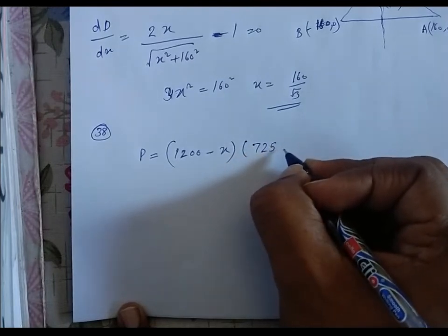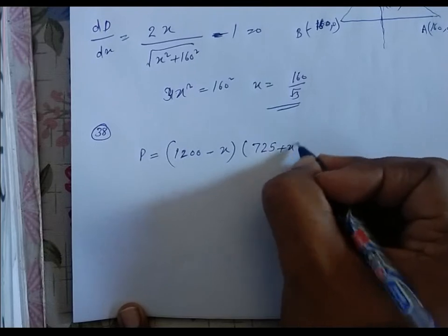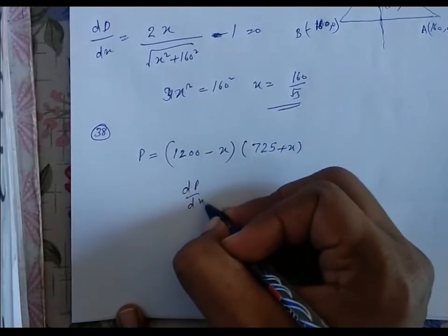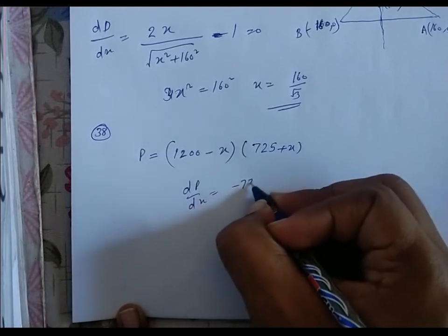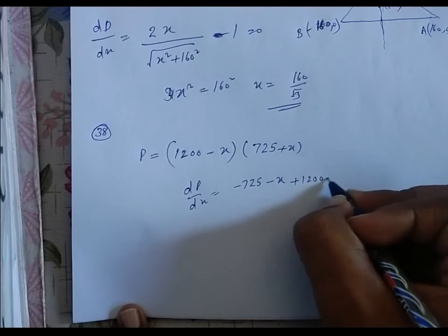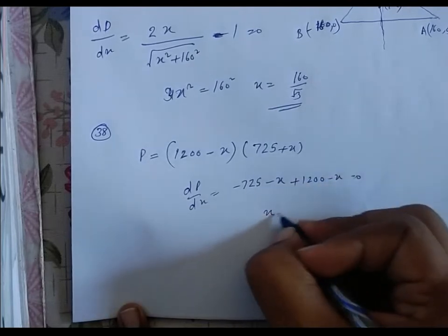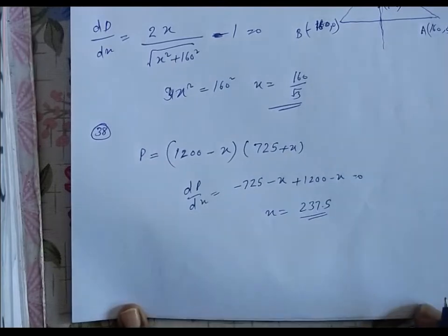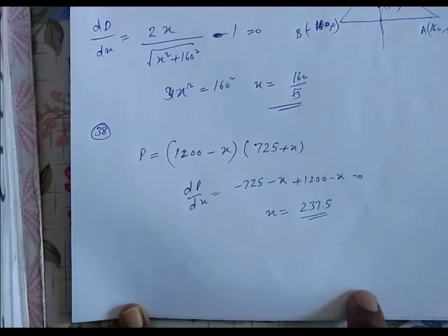So now calculate dP by dx: minus 725 minus X plus 1200 minus X is equal to 0, or X is equal to 237.5. Okay. Moving on to the next question, question number 39.